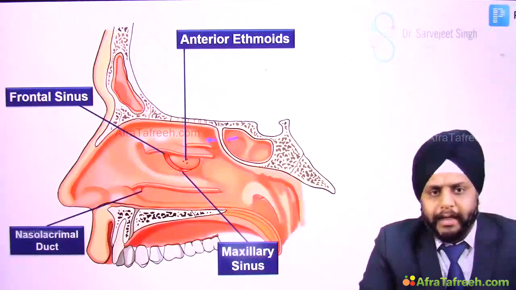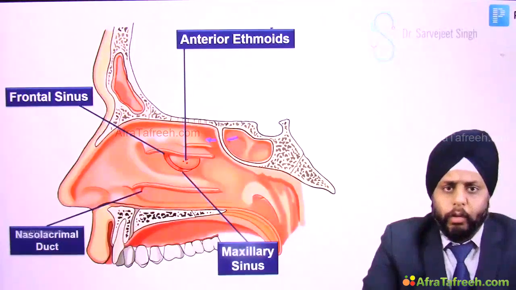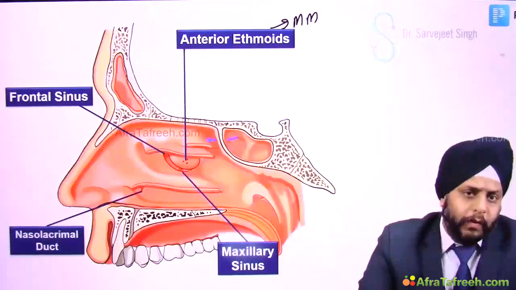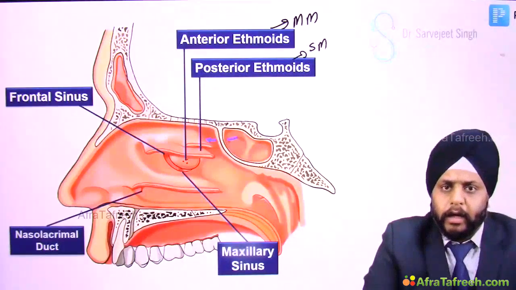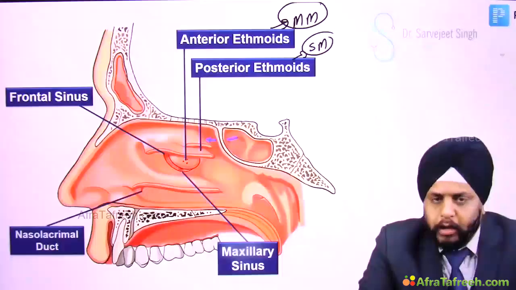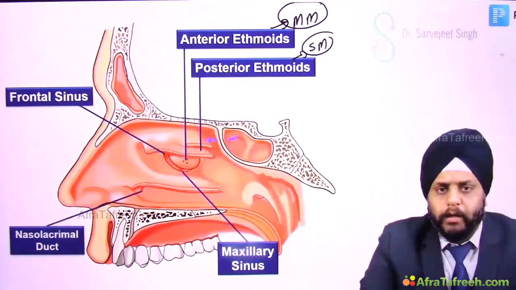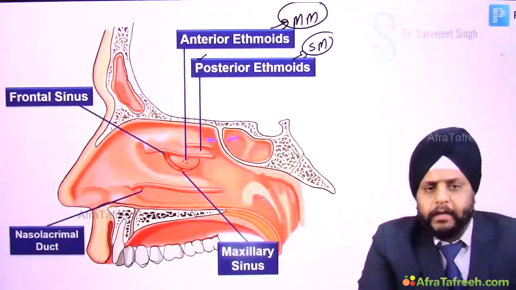Those ethmoidal cells which open in the middle meatus area are known as anterior ethmoids. And those which open in the superior meatus are known as posterior ethmoids. So that means in the superior meatus, what will open? Posterior ethmoids.